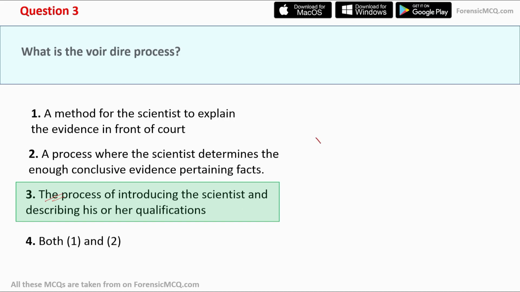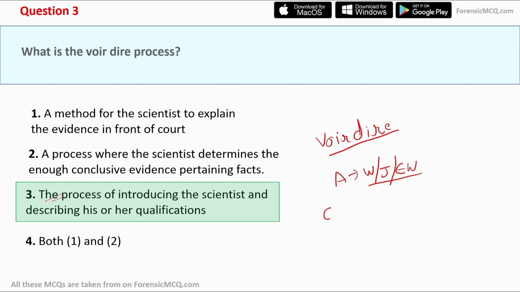So let's talk more in detail about the voir dire. Voir dire in general is an investigation of the admissibility of a person as a witness or jury or even an expert witness. So you can say that any person that is going to be a part of a trial, for example the witnesses, jury, or expert witnesses, goes through a test of admissibility, and this process is called the voir dire.